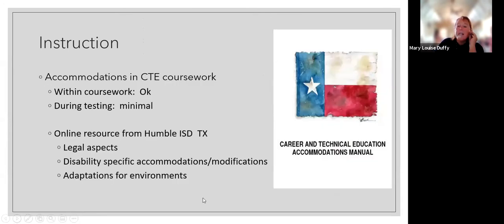All right, so I alluded to this before, that there are differences in the world of CTE versus academic classes in colleges and universities. And there's not a lot of information out there about what you're allowed to do and what you're not allowed to do, other than once you're in a CTE class, it'll tell you that you can modify or accommodate, I should say, the coursework, and that's permissible.